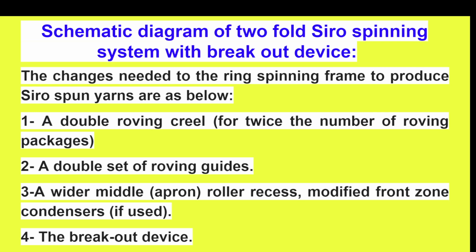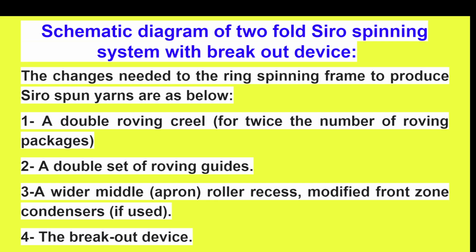Next is a double set of roving guides. As I told you, we use two rovings in place of one, so there is a need of a double set of roving guides. Third is a wider middle apron, roller races, modified front zone, and condenser if used.